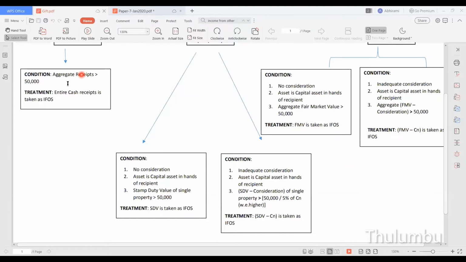In case of cash, it is aggregate receipt. In the example we saw earlier, we took the cash from three friends, 25 each, put all three together and compared the 75. But in this case it is a single property. Stamp duty value is the value fixed by the government. If that value is more than 50,000, then the stamp duty value will be treated as income from other sources.